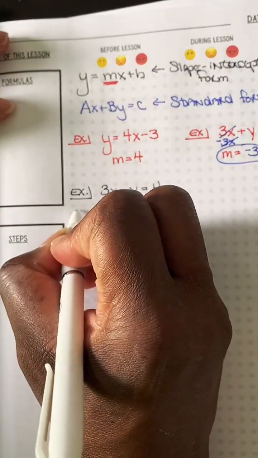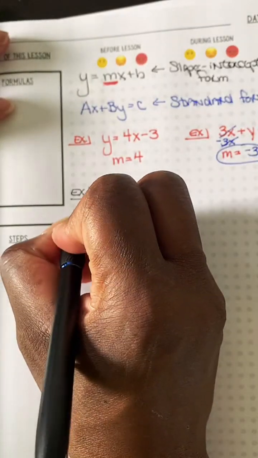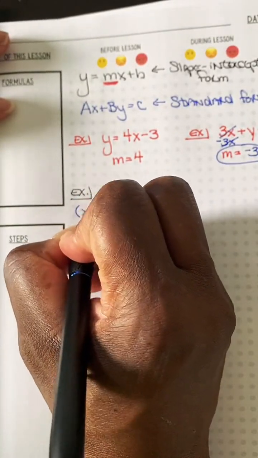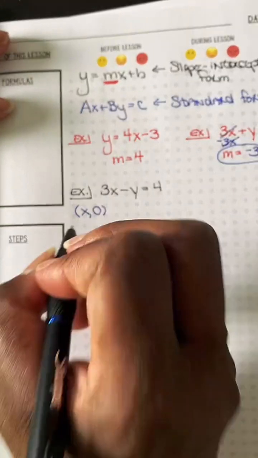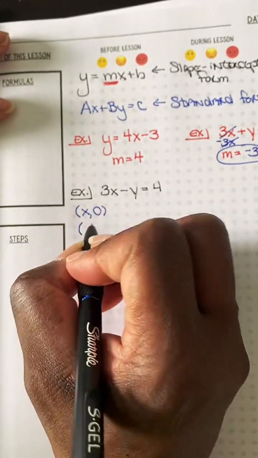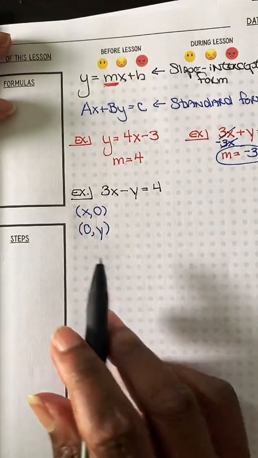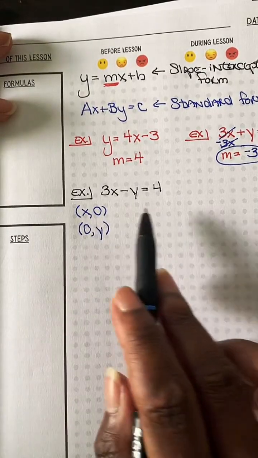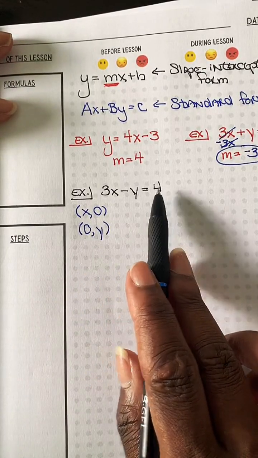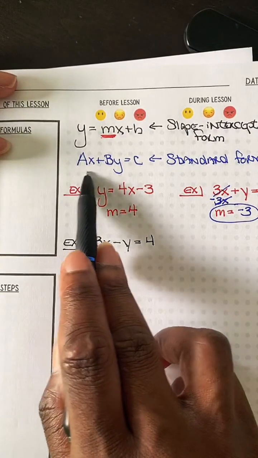If I'm talking about the intercepts, the x-intercept is when my y value is 0, and my y-intercept is when I make my x equal to 0. Right now this is in what's called standard form.